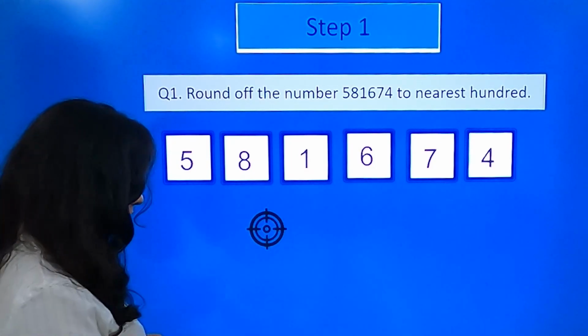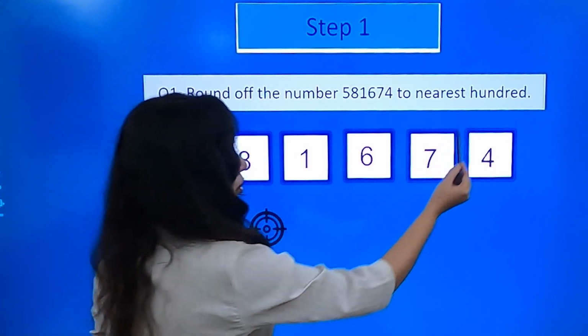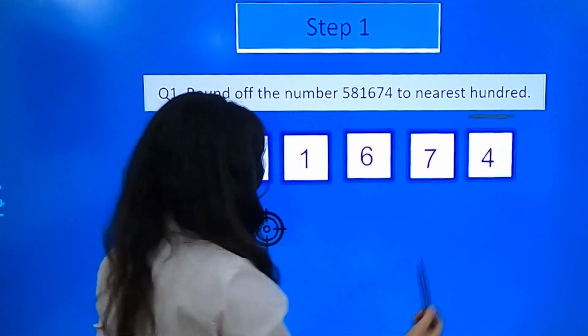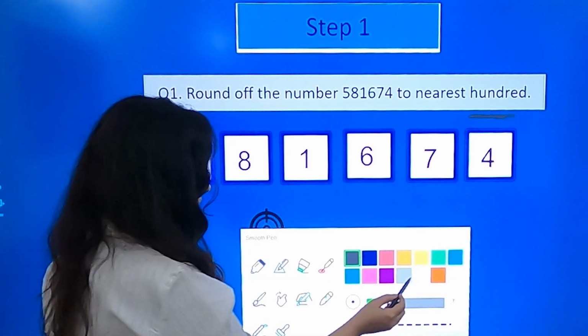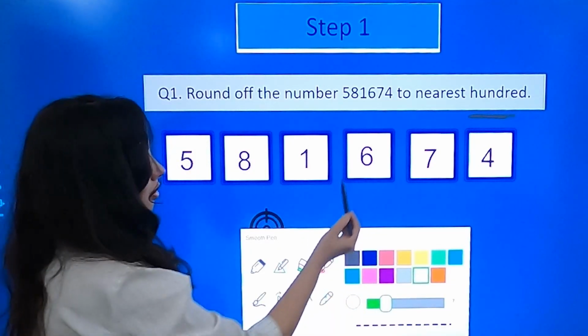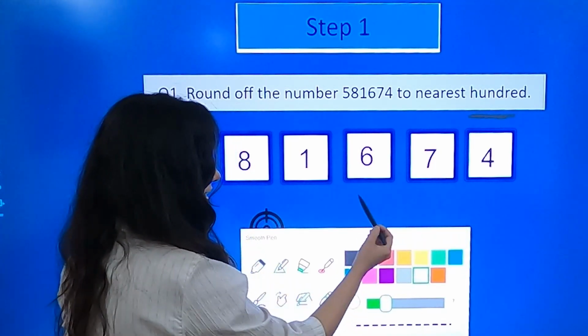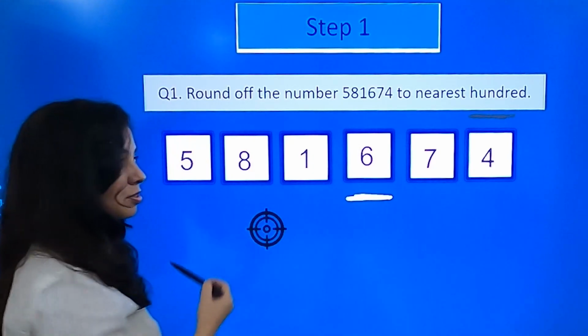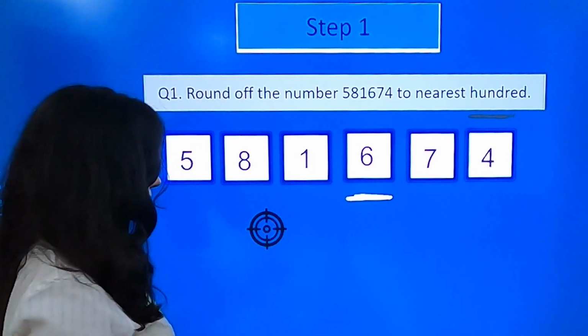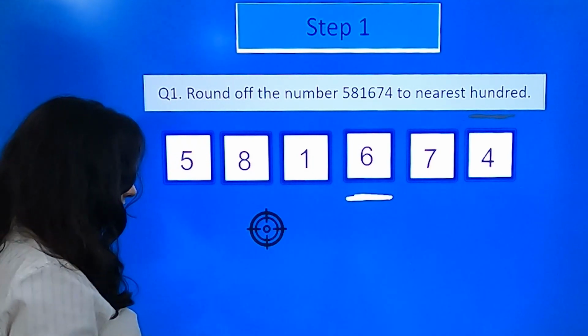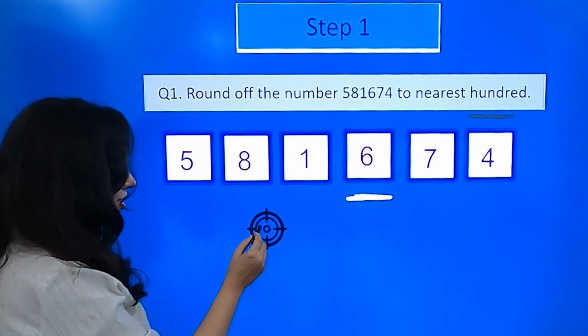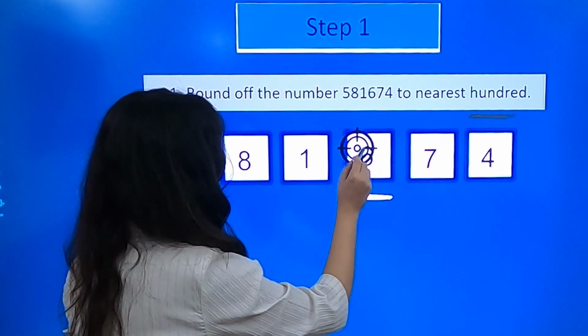We have to first figure out that which is the place we have to round off to. Here the place is 100. So this is units, tens and hundreds. This is the place we have to round off to. For the sake of this video only, I am calling this place to be my focus.